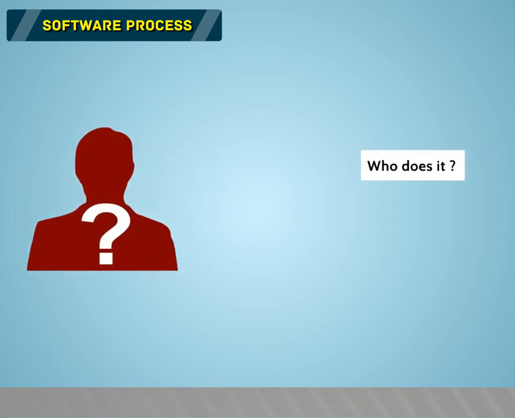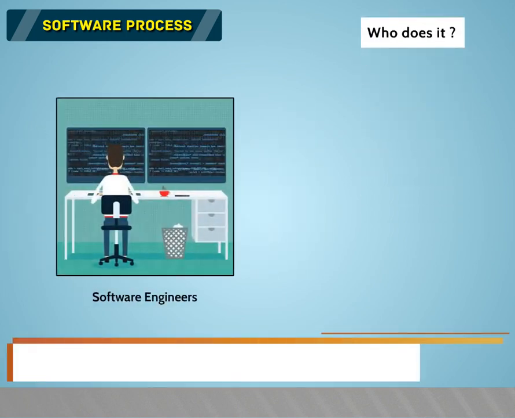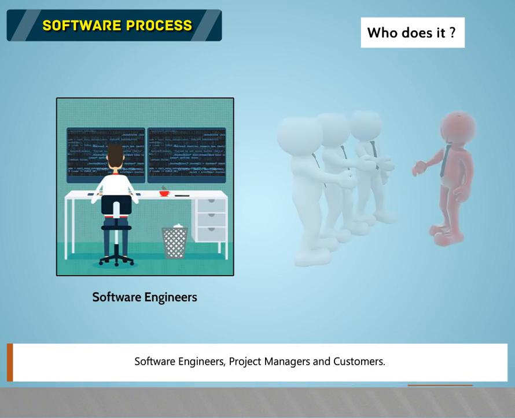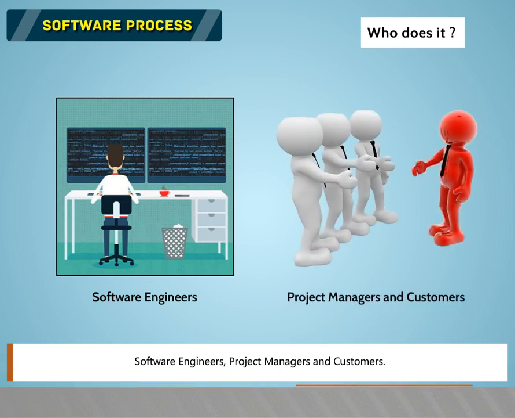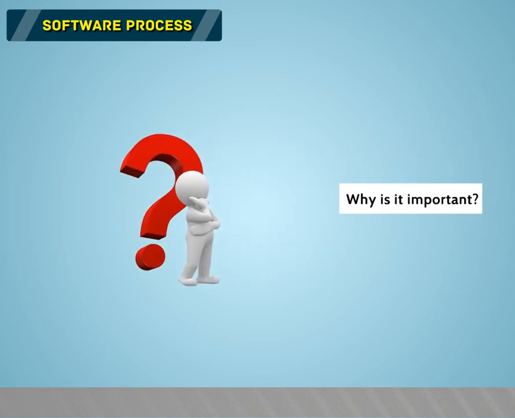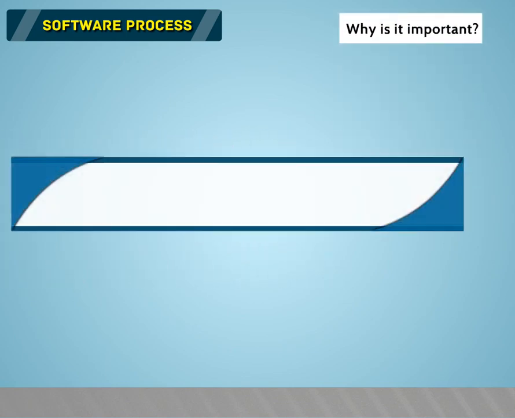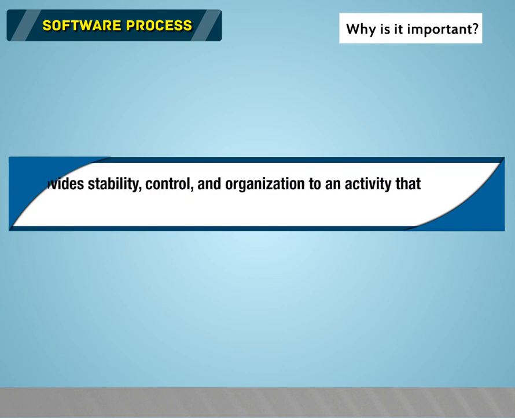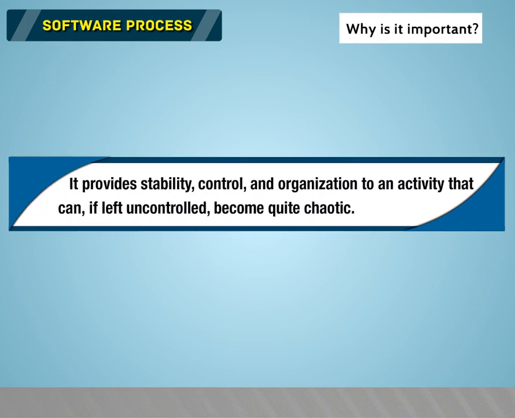Who does it? Software engineers, project managers, and customers. Why is it important? It provides stability, control, and organization to an activity that can, if left uncontrolled, become quite chaotic.